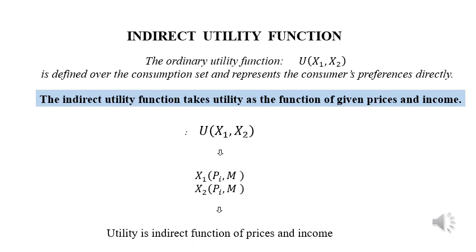We know that utility is a function of commodities, and commodities, which are the utility maximizing demand functions, are functions of prices and income. So utility is a function of commodities and commodities are functions of prices and income. So indirectly, utility is a function of prices and income.